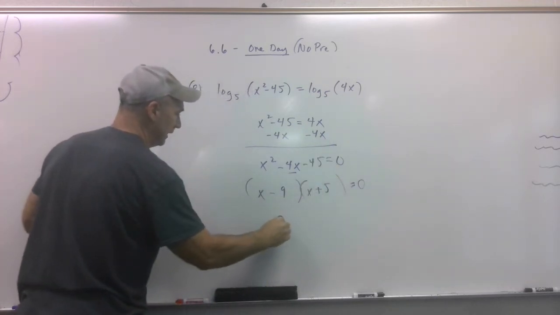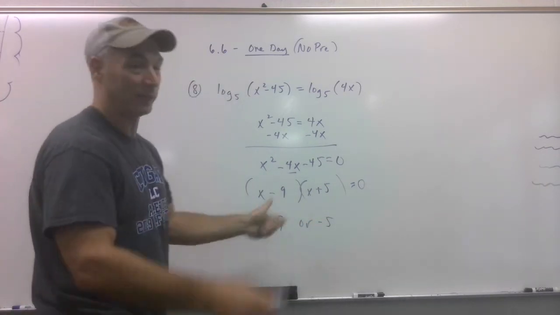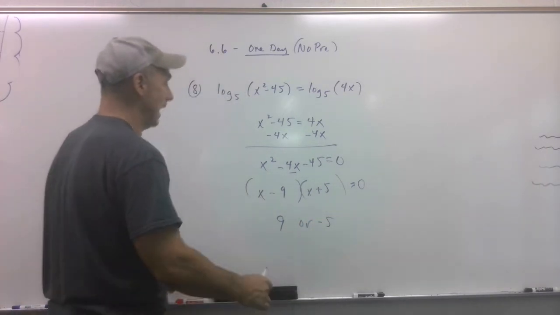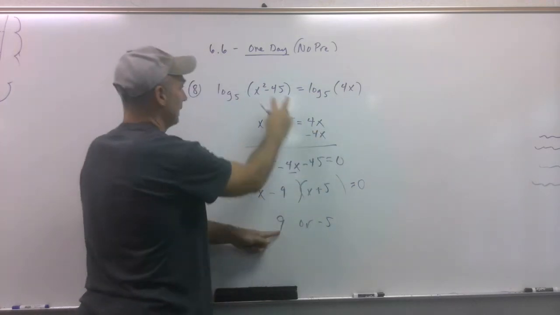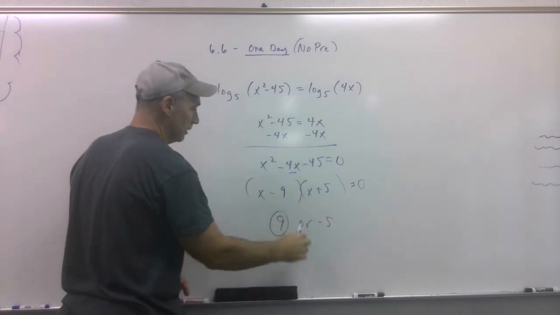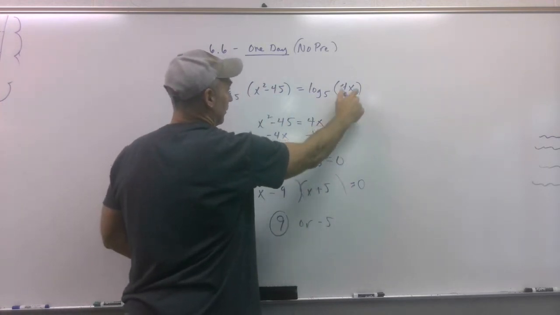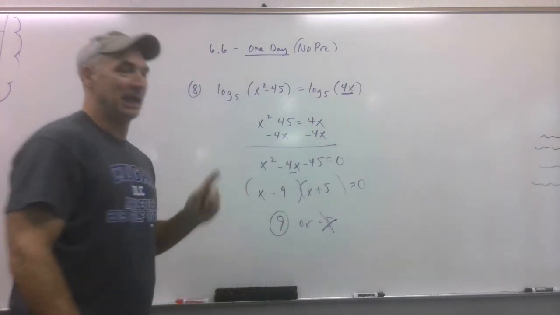So my possible answers are 9 or -5. Don't just move on to the next problem, patting yourself on the back. If I put that 9 in here, that'd be positive. If I put that 9 in here, it'd be 81 minus 45, positive. So that's good. If I put that negative right here, I'd get a -20 in there. Not possible. Can't happen.